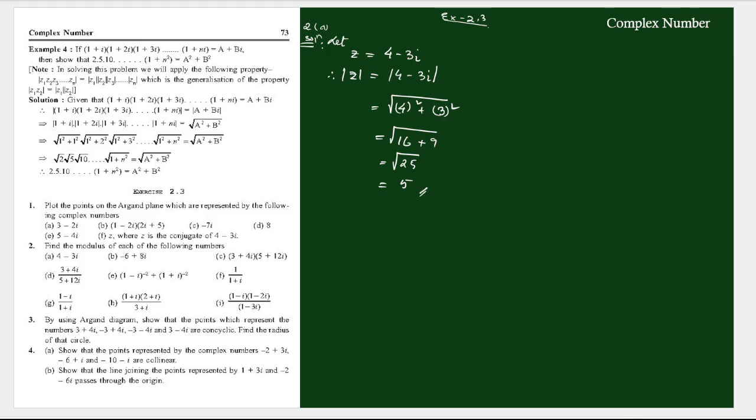And then I think you will be able to do number B. Right. Let's try to do number C. Okay, what is that? So let z equal to 3 plus 4i over 5 plus 12i.